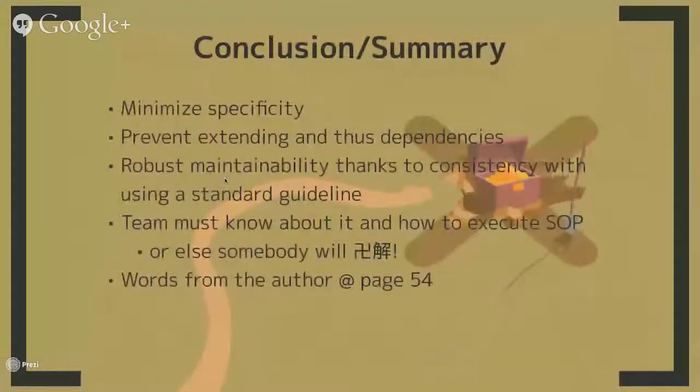So just to conclude, basically SMACSS reduces the specificity so that all you need to do is just add one class and the magic appears. Also to prevent war among your teammates, and also prevent extension and dependencies. SCSS has this @extend function. It is not really encouraged because if the thing that you extend from is going to change, then you have to add extra stylings to the thing that you want to change, which should not be the case.